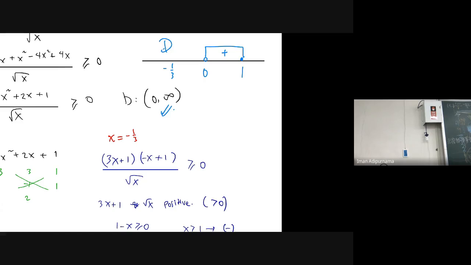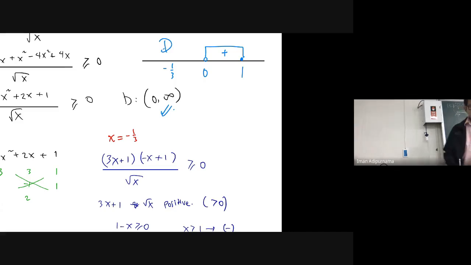Okay, put all together in the number line and check the numbers. Maybe check the number between, check the number less than, check a number greater than 1. Find the positive one that is greater than 0. Check the number. Check the number.